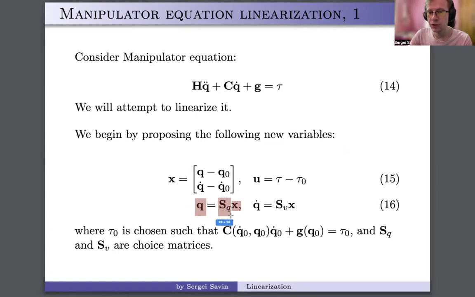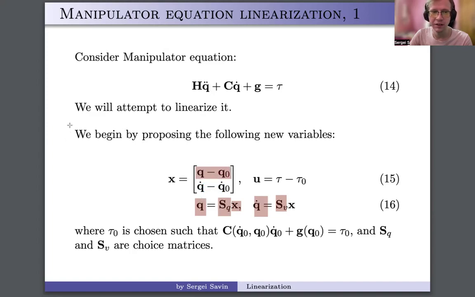So how do we do it? We just multiply X by C sub Q, and we multiply X by C sub V to get Q and Q dot. Of course, more correctly, what we would find is this difference, right?